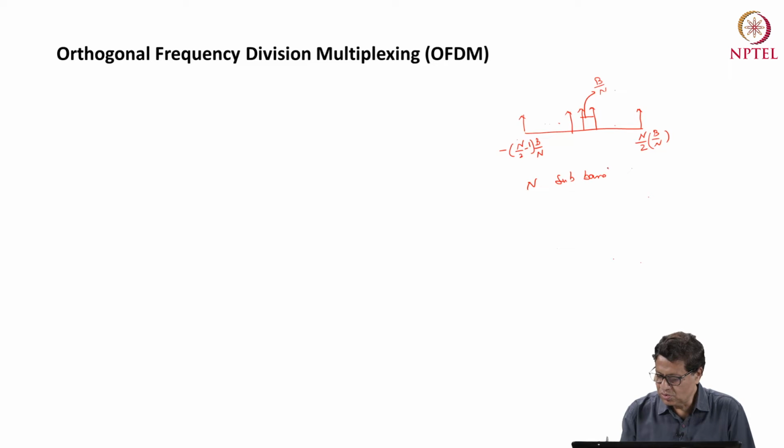Each corresponds to some carrier Fi, and the bandwidth between two adjacent frequencies is B by N.